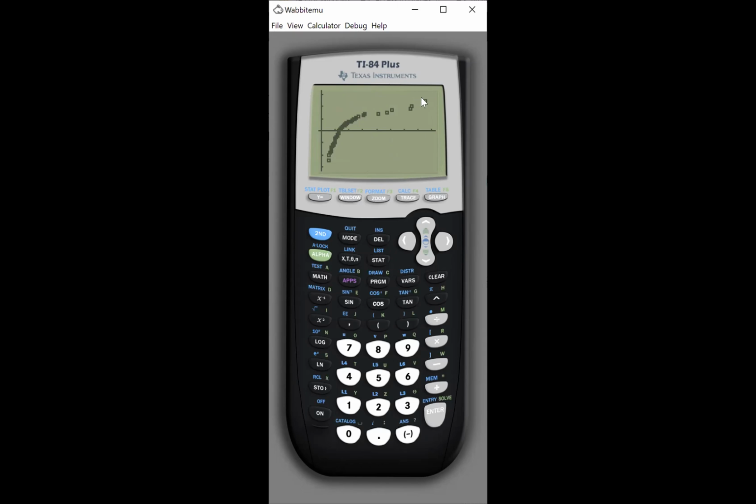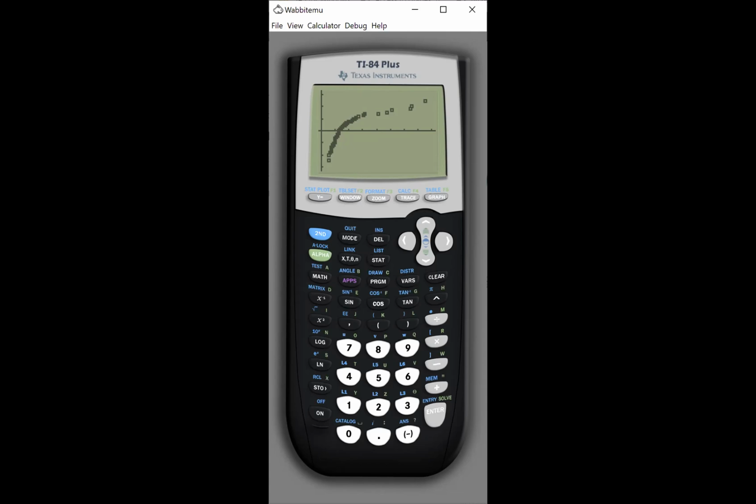If you look at this drawing, you can clearly see that it's not normal because it doesn't look like a straight line. It has some curvature to it. So for this one we'll say, based off of the normality plot, it's not a normal distribution. And that's how you do it with the TI-83 or the 84.